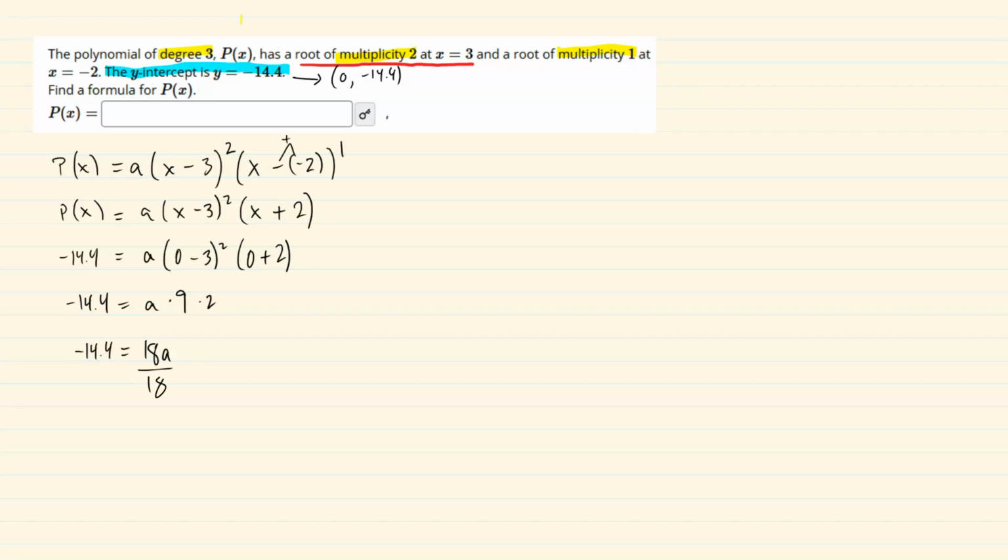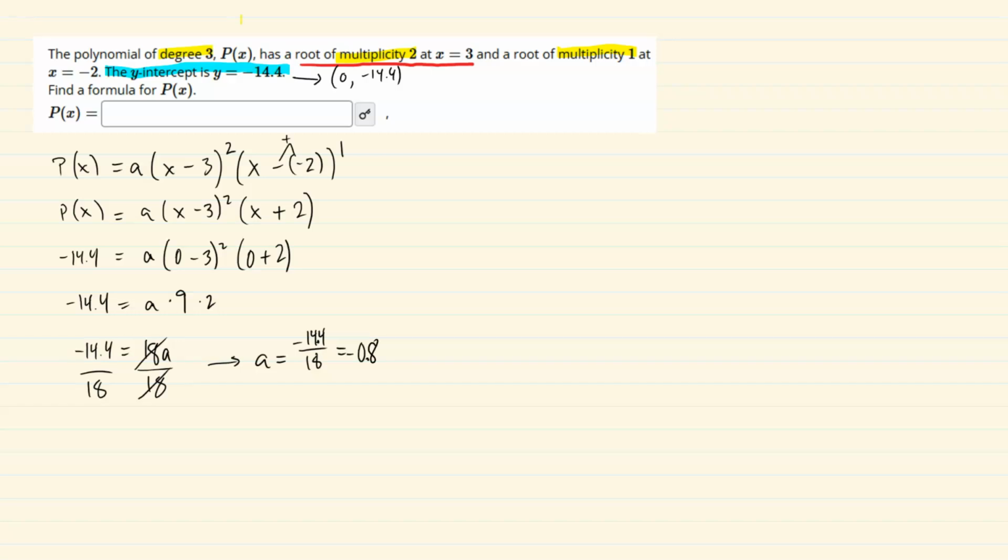We can divide both sides by 18, and that will give us our value for a. So a equals negative 14.4 divided by 18. If you were to plug that into your calculator, which you should be doing, you can use the basic calculator or the scientific calculator, negative 14.4 divided by 18 is equal to negative 0.8.